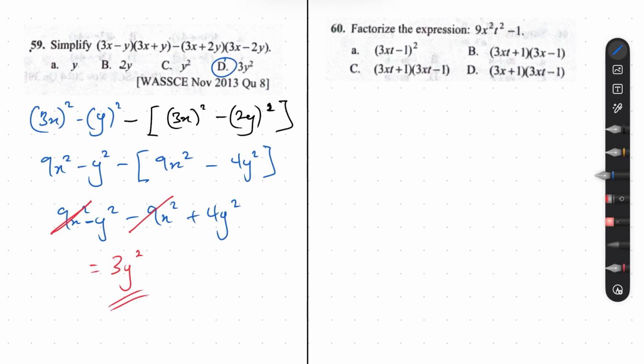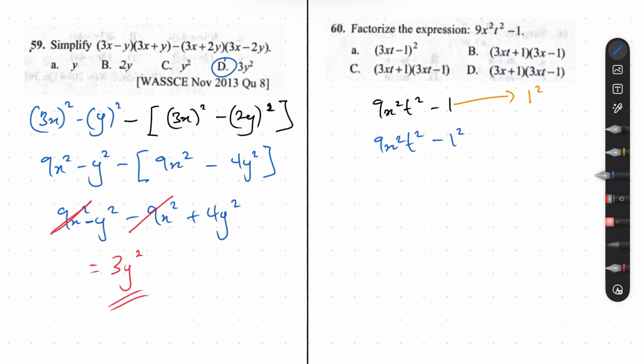Let's move on to question number 60. The question says factorize the expression 9x squared t squared minus 1. Okay, so let's write it down. 9x squared t squared minus 1, and we know that 1 can be written as 1 squared. So we can rewrite this as 9x squared t squared minus 1 squared.